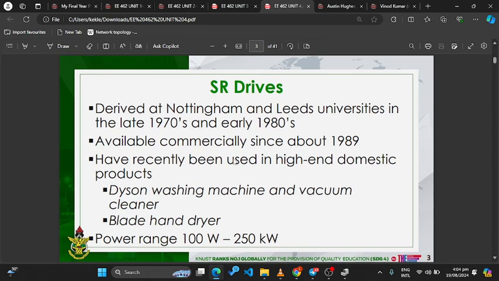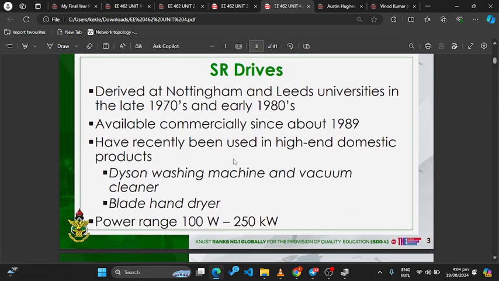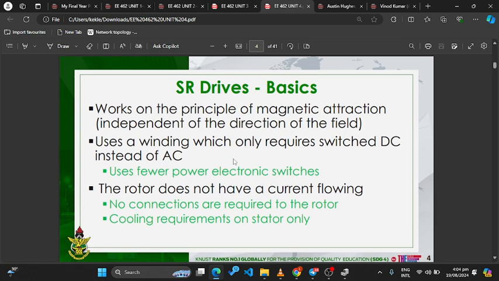I think the first two slides are in English, you can read. Just like the name implies, switch reluctance drives work on the principle of magnetic attraction, or the principle that flux will always use the path with the least reluctance.